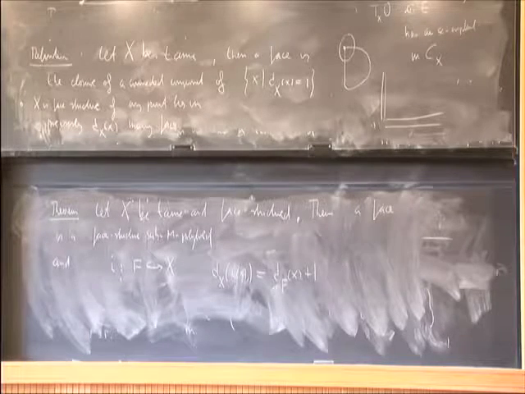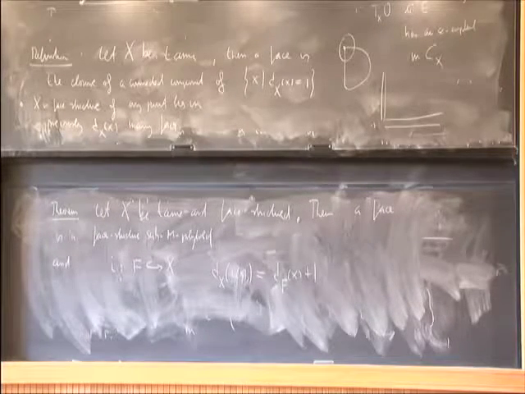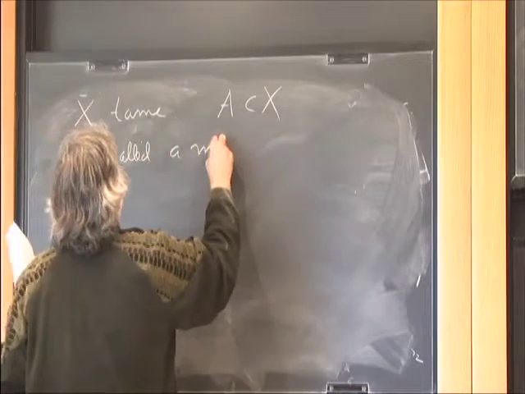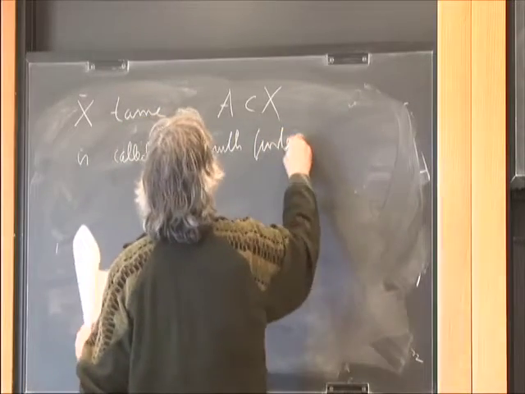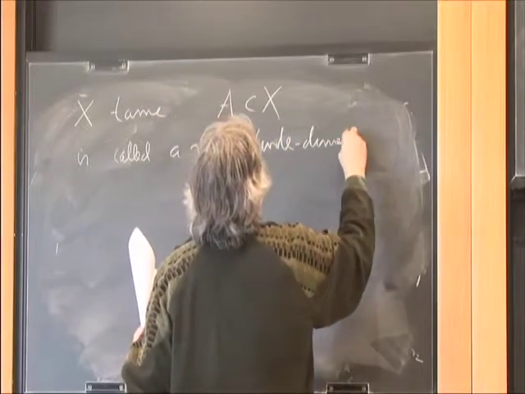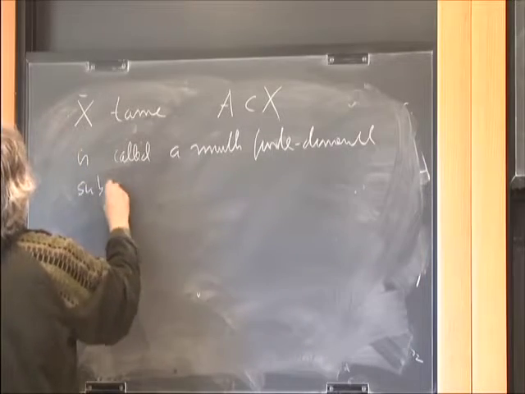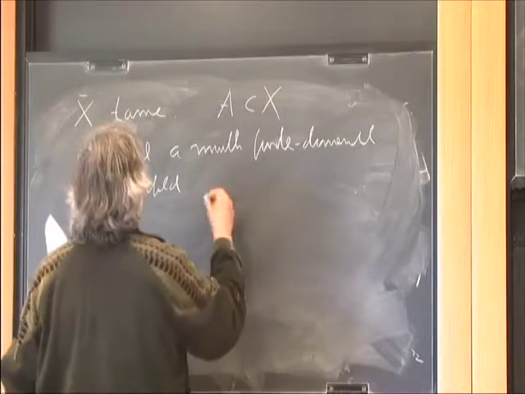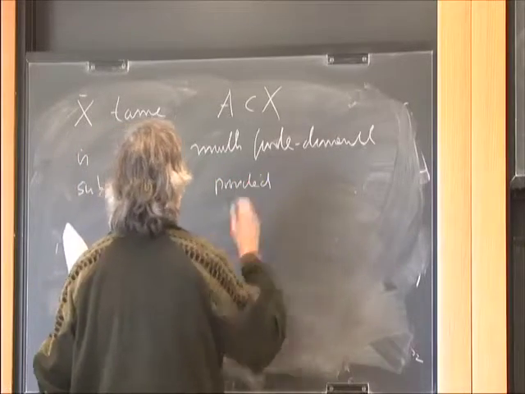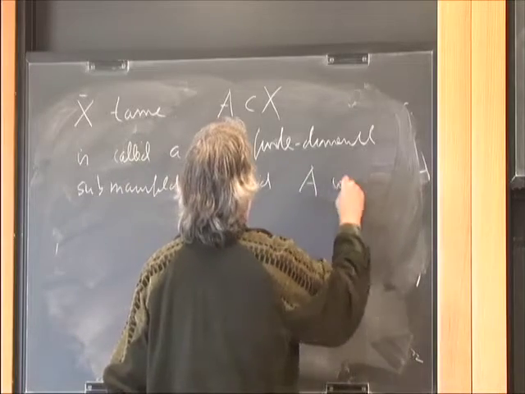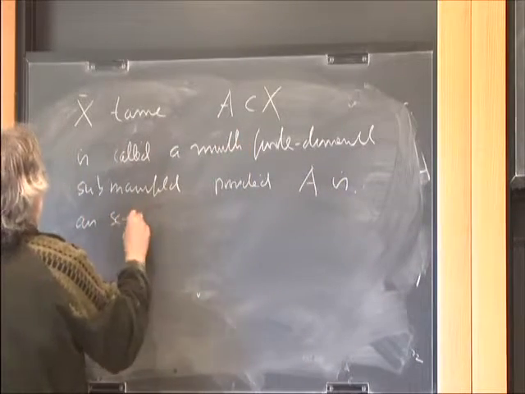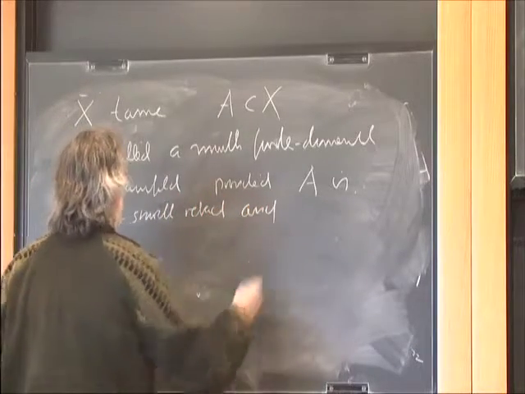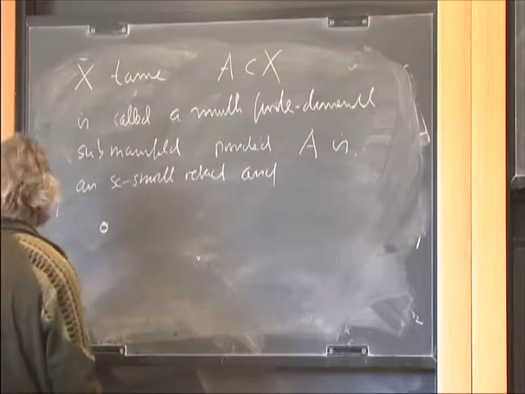So here, A is called a smooth finite dimensional submanifold, provided A is an SC smooth retract and the following holds.